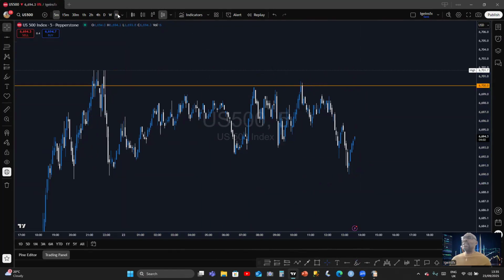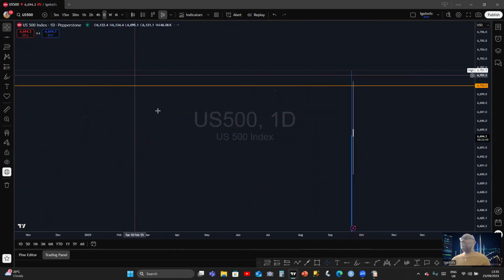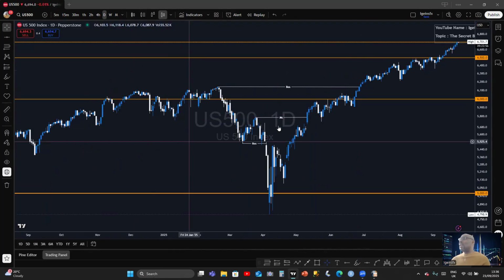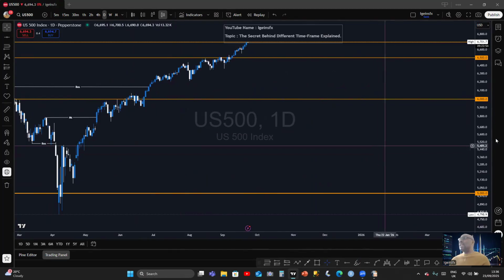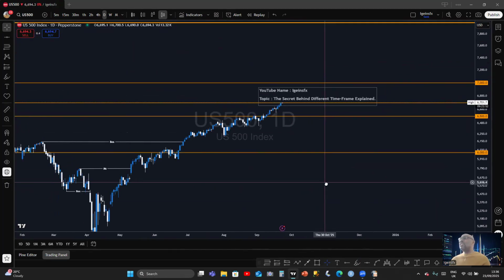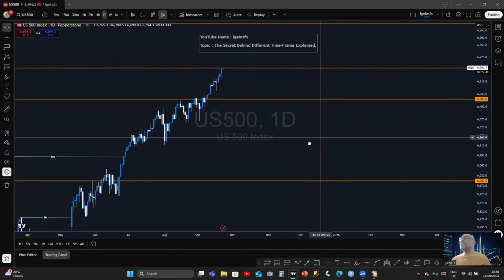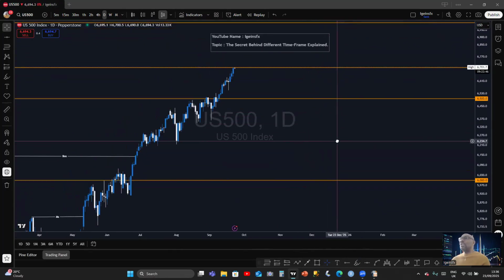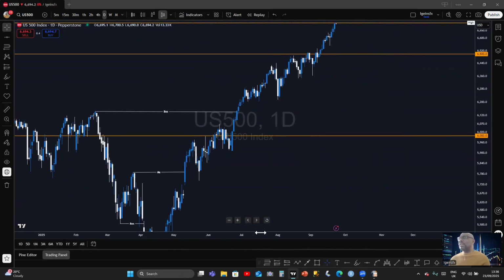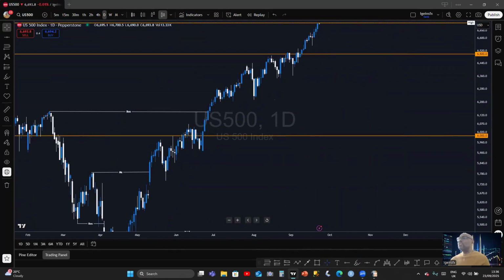If you have done your analysis, stay, go to the higher time frame and trade there. It might take time for your setup to form.